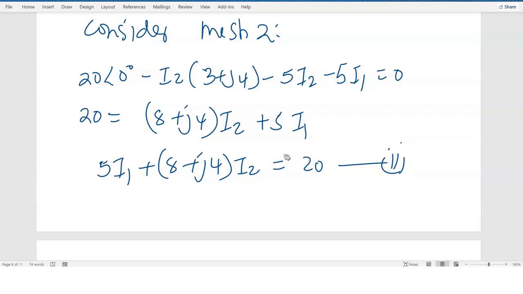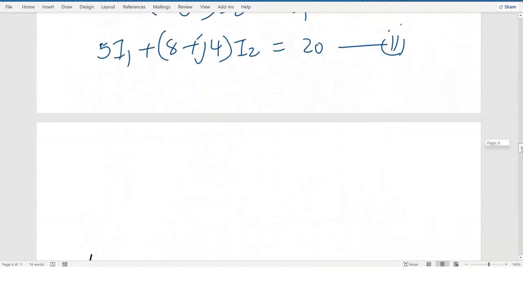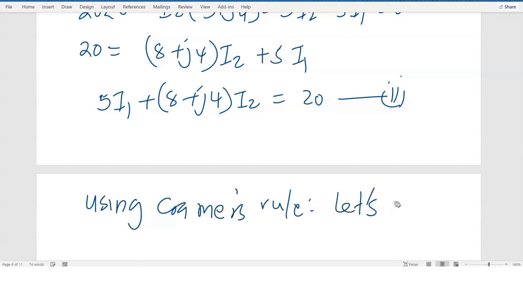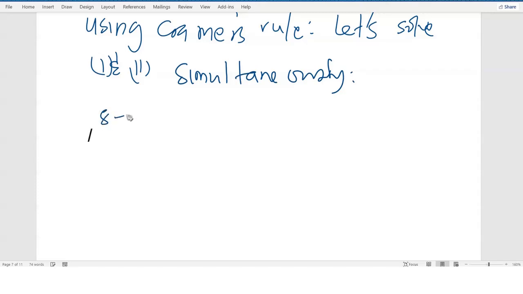Now, if I consider the first equation and the second, I can use what we call Cramer's rule. So using Cramer's rule, let's solve 1 and 2 simultaneously. First of all, we will have a matrix that is formed.